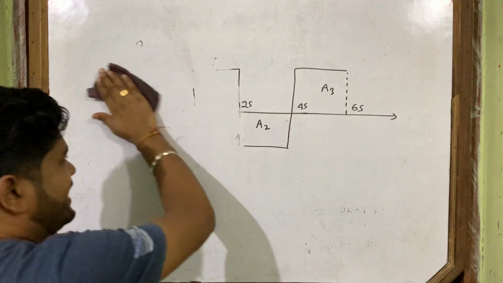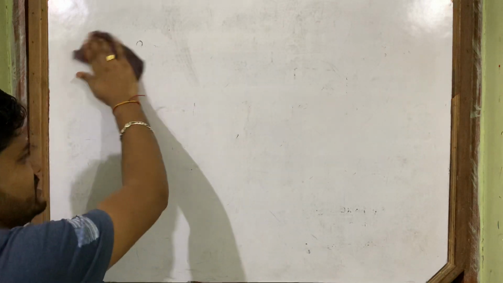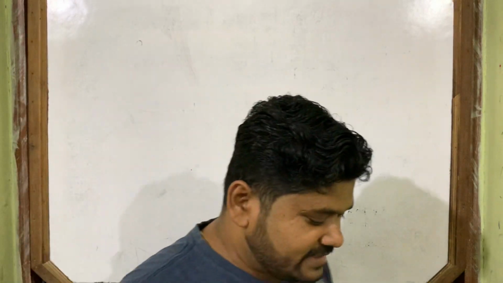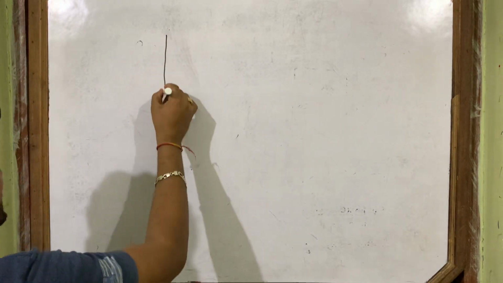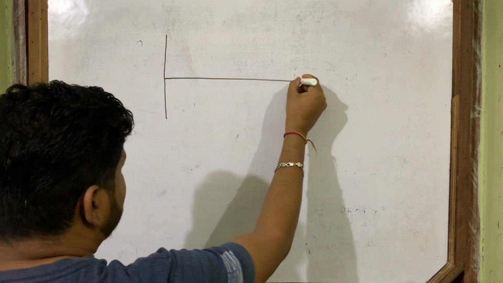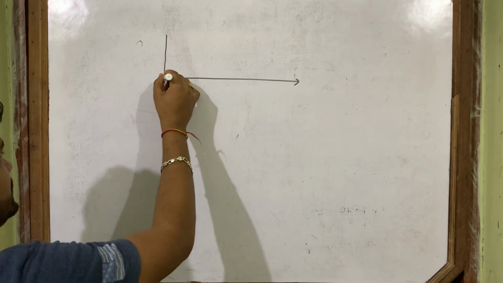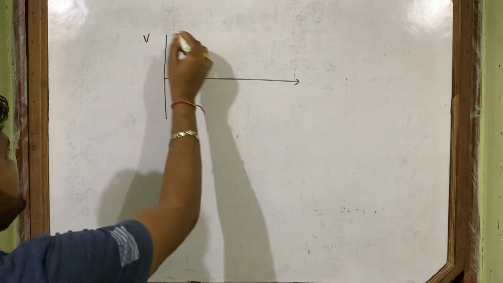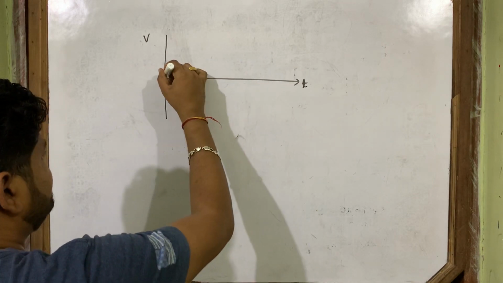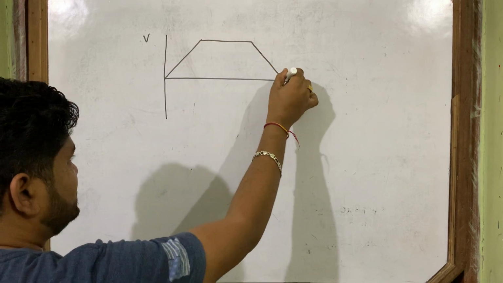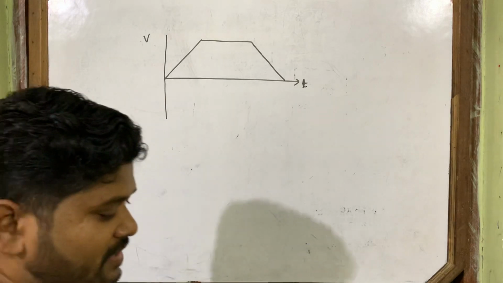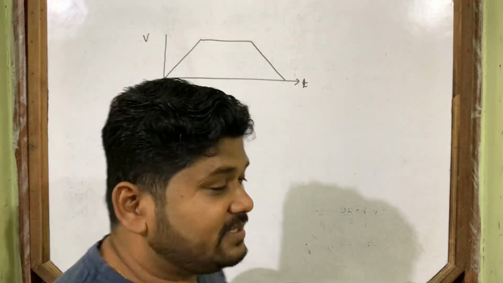Now we come to the next question. Next question is a slope related question. What is the slope related question now? Let's see. Suppose this is a velocity time graph. The graph is like this. What do you mark here?